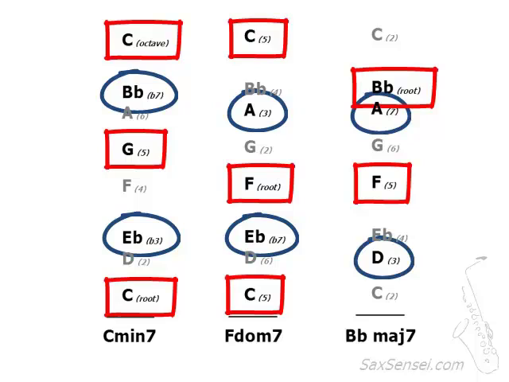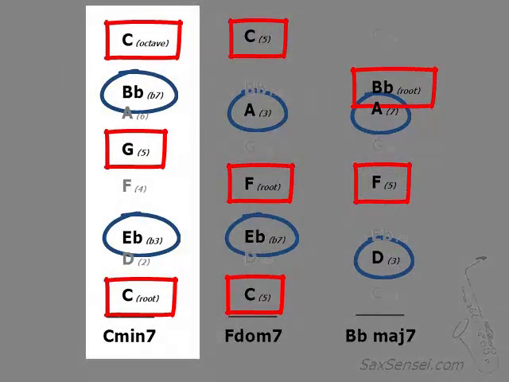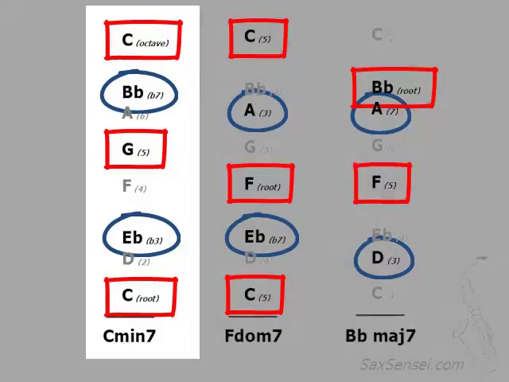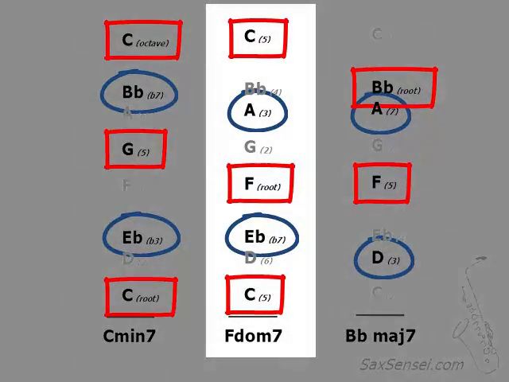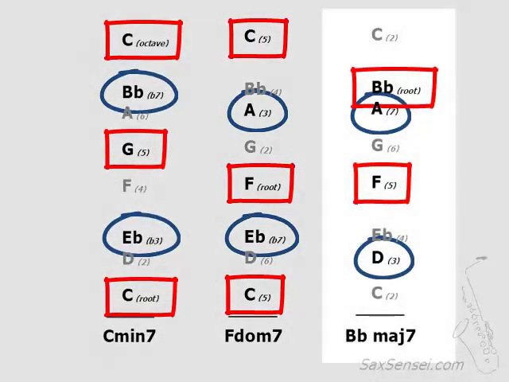And so by emphasizing different notes at different times, we can get the different sounds that belong to each kind of chord. We can get the dark minor sound. Or the bluesy dominant sound. Or that bright major sound.